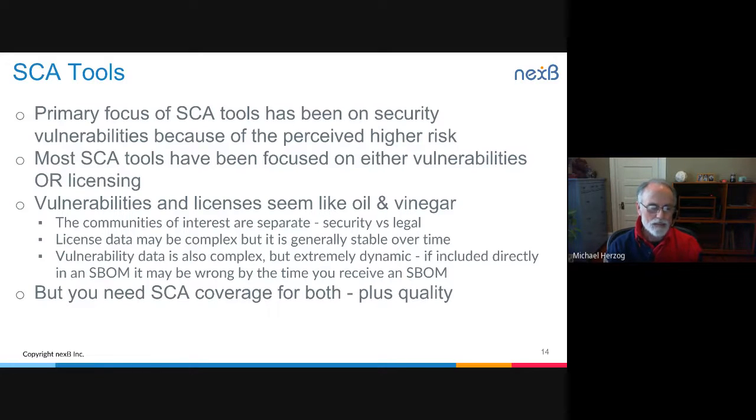One of the key things to understand is that license data can be very complex. We have been doing that for 12 years and seen everything. But the good news about license data is once you figure out what the licensing dimensions are for a particular product or piece of software you want to use, it's usually going to be pretty stable. People are not changing their licenses very frequently.